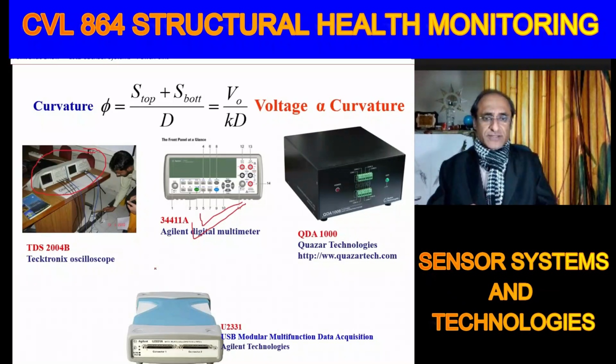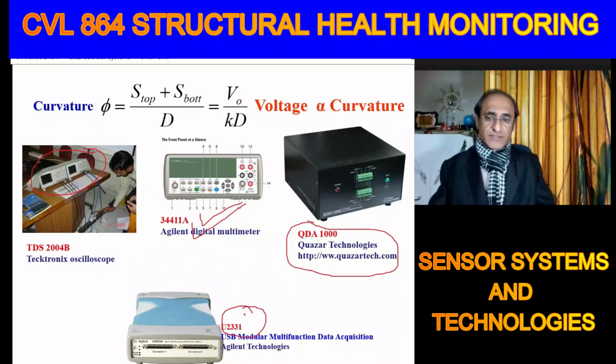Then this is an Indian product, Quasartech. This right now we are not using. And then this is a very modular, very sleek multi-channel data acquisition system manufactured by Agilent Technologies, now Keysight Technologies. So we have a lot of products in the market by which we can very easily measure the strain, and if we have the dynamic strain, we can get the curvature.